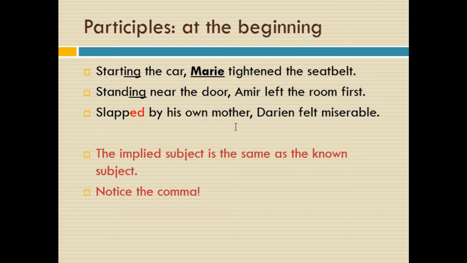But in this case, even though Dareen was slapped by his own mother, because it's an object here, then I have to use the ed form of my participle, okay? So I hope this is clear, but try to write a couple of sentences, okay? Try to write it. You will learn it better. Try to use it and make people around you check it for you, or email it to me. I'll check it for you, and then you can understand it better, hopefully.